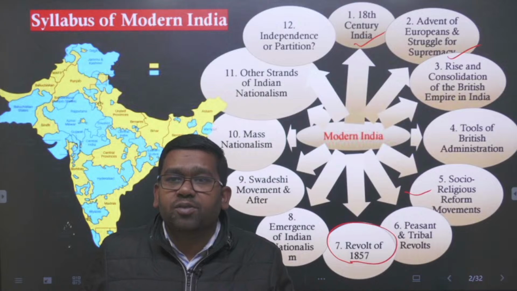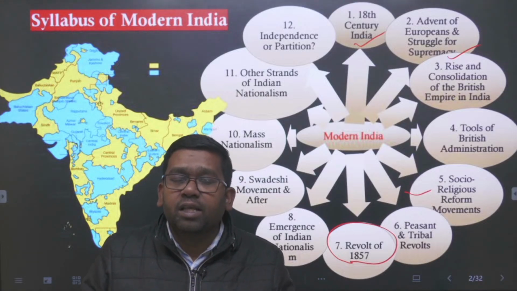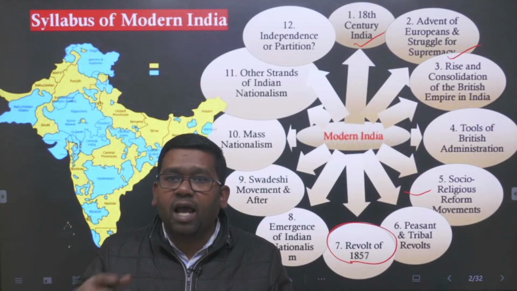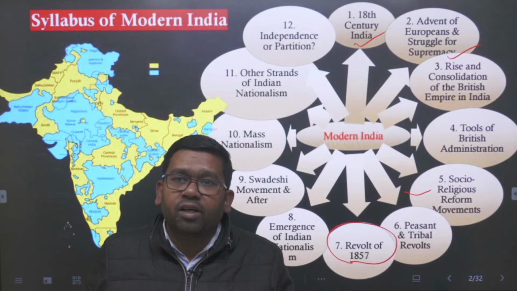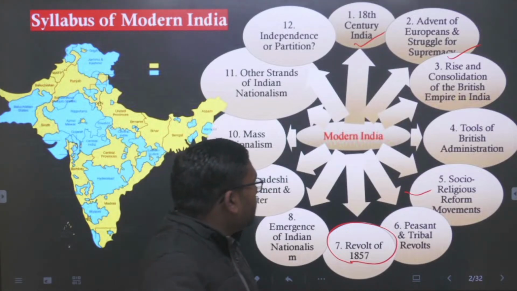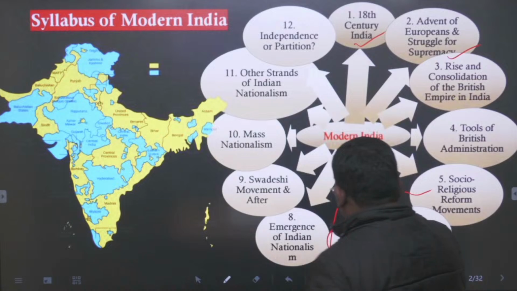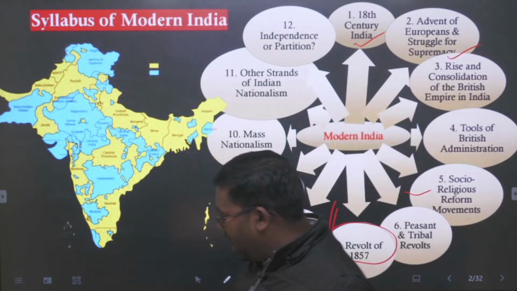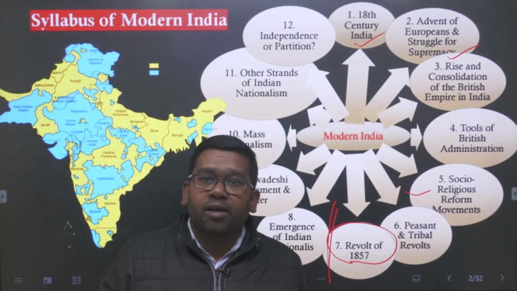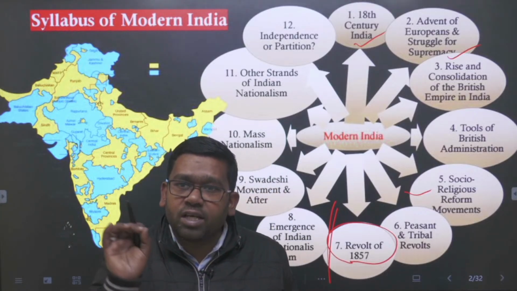So we discussed these things. The 1857 revolt was finally unsuccessful, and this led to the formation of new types of ideas. Till this chapter 7, the British Empire was ruling over India under the control of the East India Company.